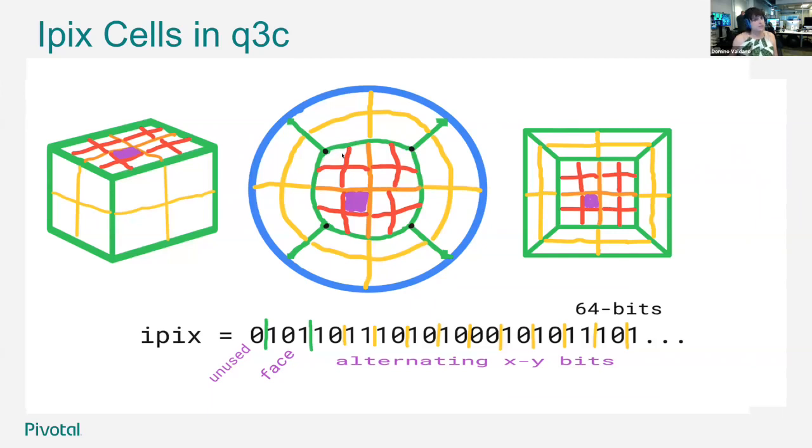So you can specify regions by using ranges. I think that's what allows the B-tree to work, because every one of these regions maps to a continuous range in IPIX numbers. Does that make sense? Yeah.